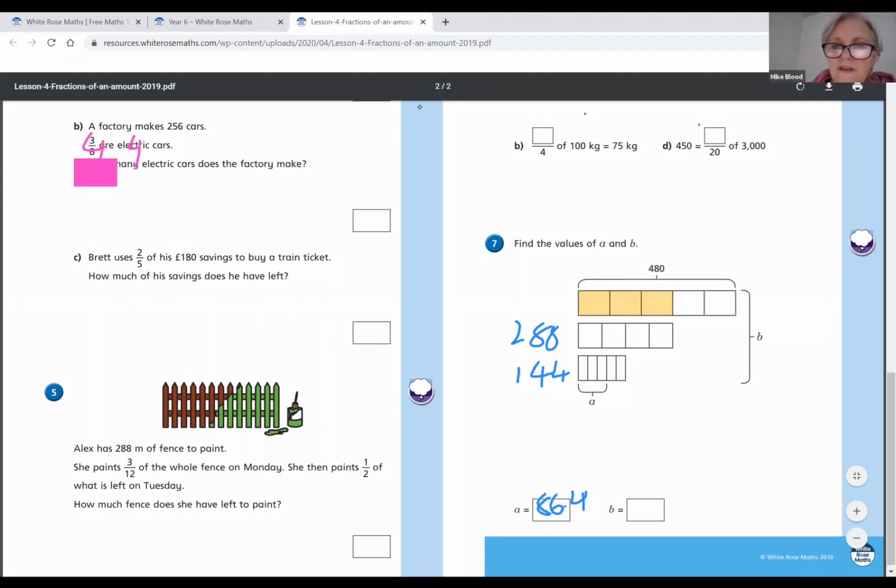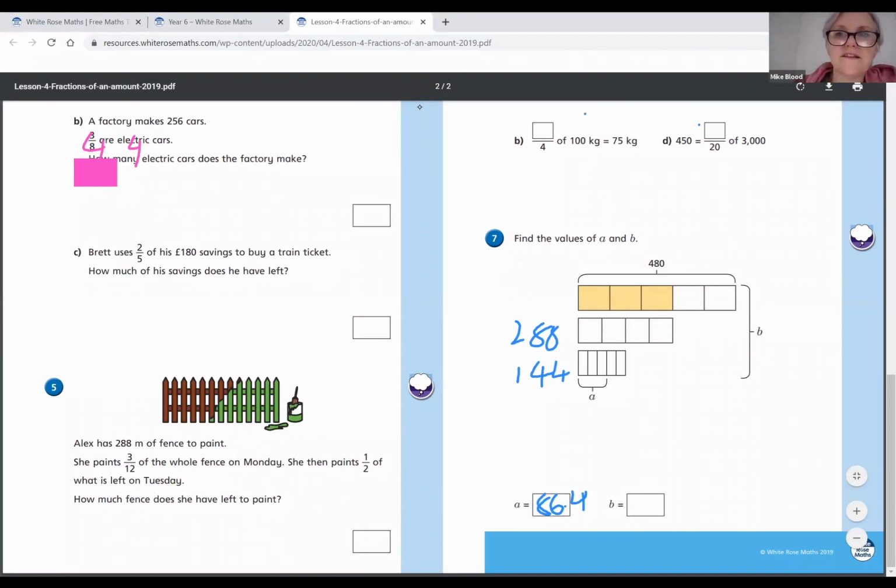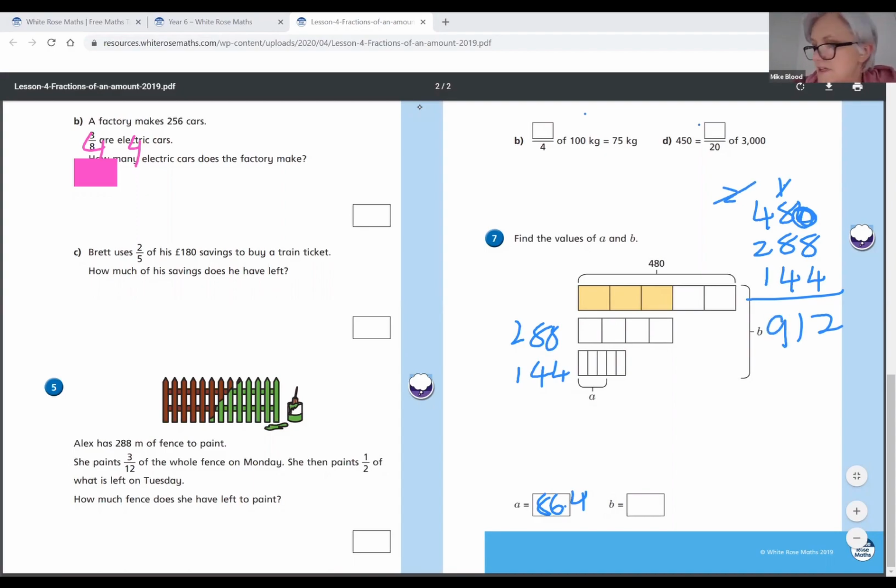There. So I need to add all those together. Let's give that a go. So I've got 480, add 288, add 144. That's a 0. So 8 add 4 is 12. 8 and 8 is 16. Add 4 is 20. Add that one up there, gives me 21. 4, 6, 8, 9. So I get 912.